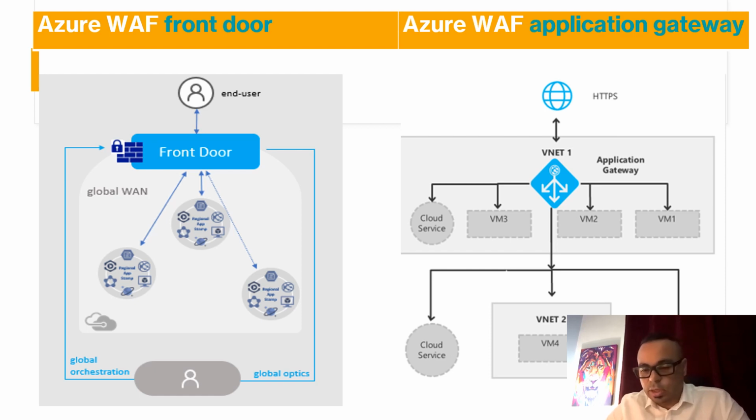Let's drop some points related to Azure Front Door. Azure Front Door works at layer 7, but it uses the Anycast protocol with split TCP and the Microsoft Global Network to improve your global connectivity.